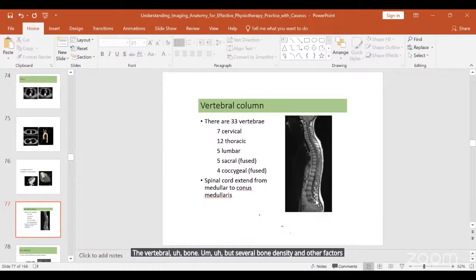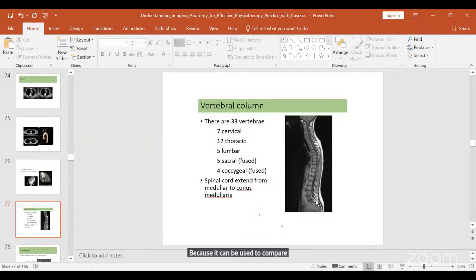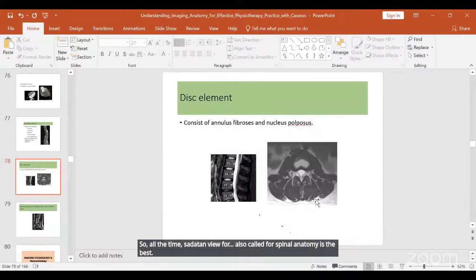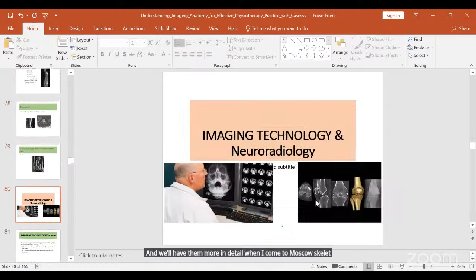So any infringement, any collapse can easily be picked because it can be compared with adjacent structures. So all the time, the sagittal view for spinal anatomy is the best, and we will cover them in more detail when I come to musculoskeletal evaluations.